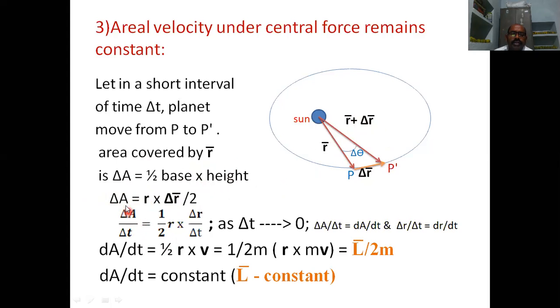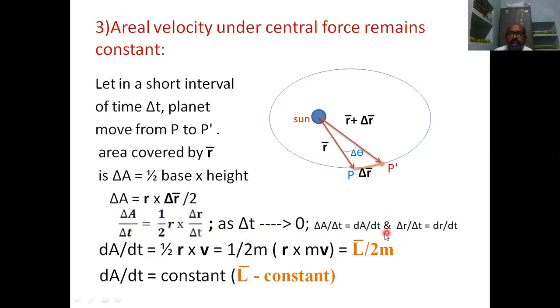We divide on both sides by delta t. So delta A by delta t is equal to 1 by 2 r bar cross delta r bar by delta t. As delta t tends to 0, according to the definition of limit, delta A by delta t is equal to dA by dt, and delta r by delta t is equal to dr by dt.